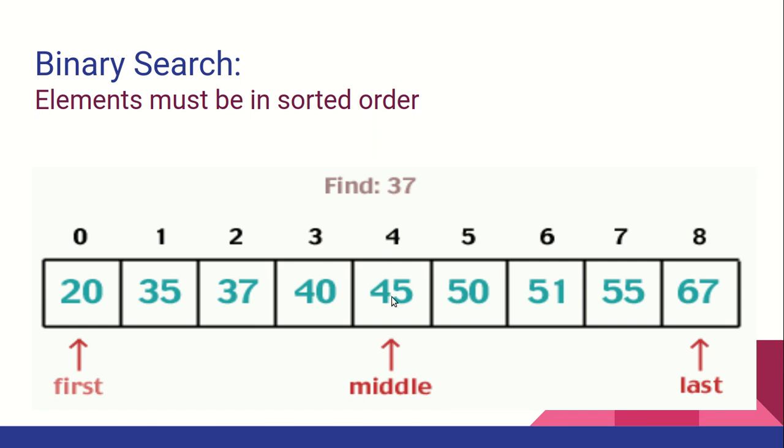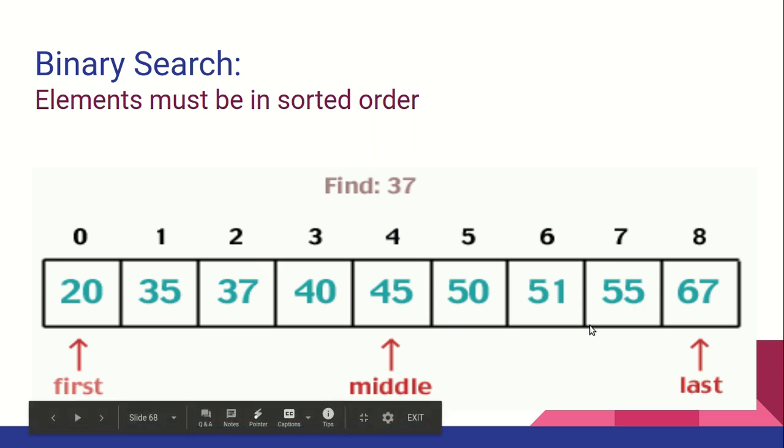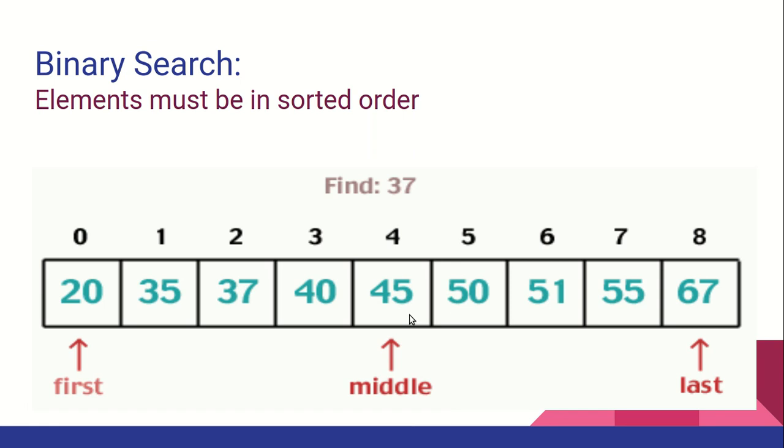Here it checks whether to skip the left part or the right part. As 37 is less than 45, it must be less than all the elements towards the right side of 45.